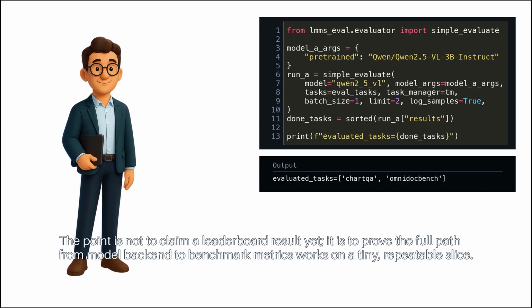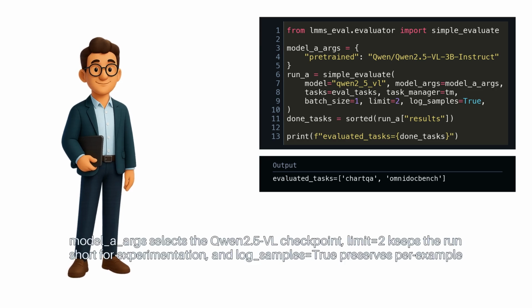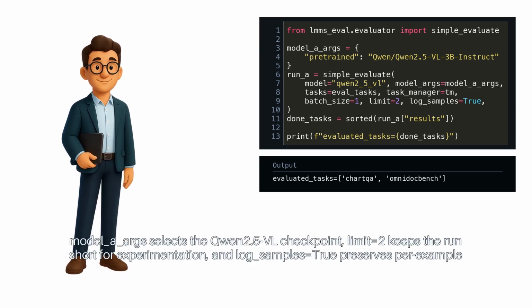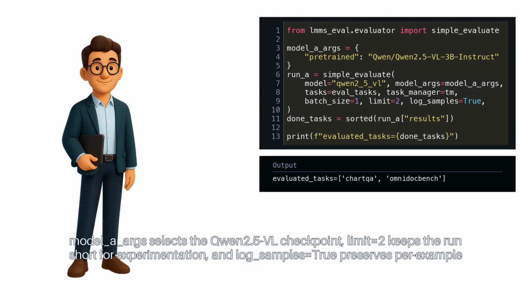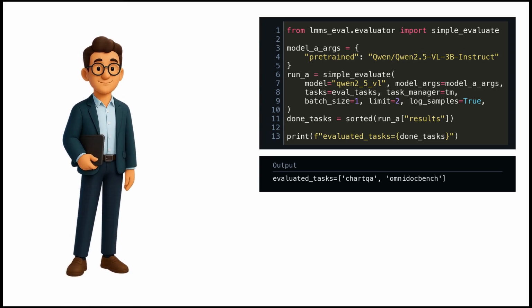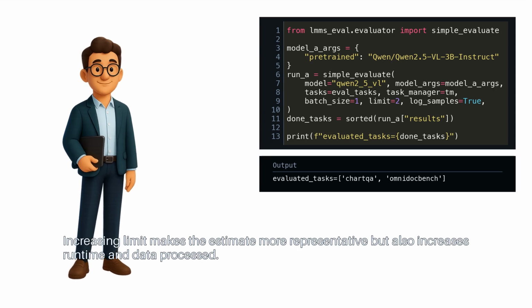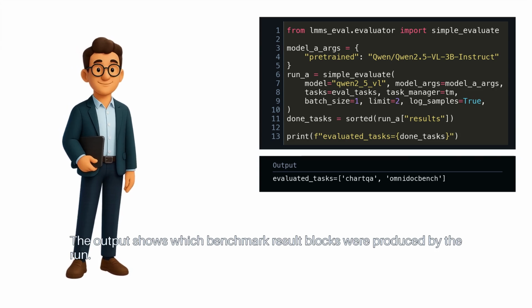It is to prove the full path from model backend to benchmark metrics works on a tiny, repeatable slice. model_args selects the Qwen 2.5 VL checkpoint. limit equals 2 keeps the run short for experimentation, and log_samples equals true preserves per example outputs for later debugging. Increasing limit makes the estimate more representative, but also increases runtime and data processed. The output shows which benchmark result blocks were produced by the run.